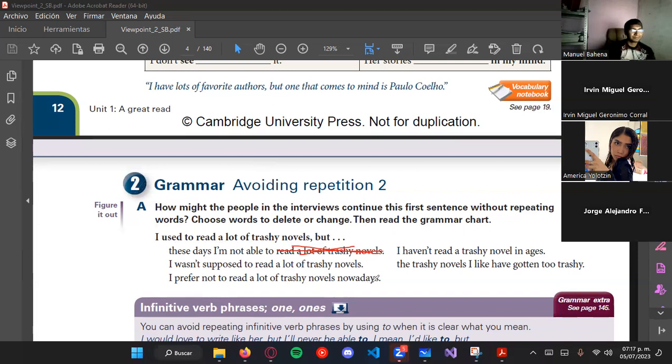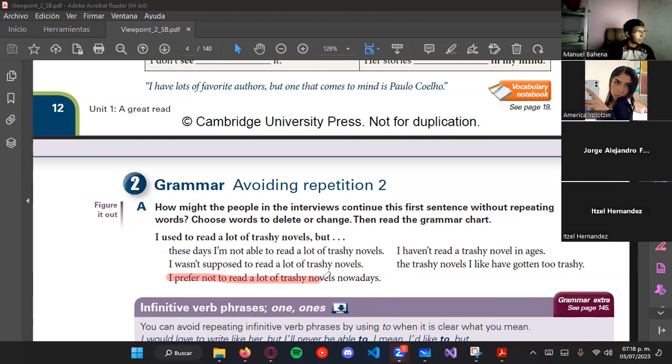Okay? Yes, guys? ¿Sí quedó claro, chicos? Yes, teacher. All right, excellent. Now, number 3. Let's see. Itzel, are you here? "I prefer to not read a lot of trash novels now." Nowadays, okay?